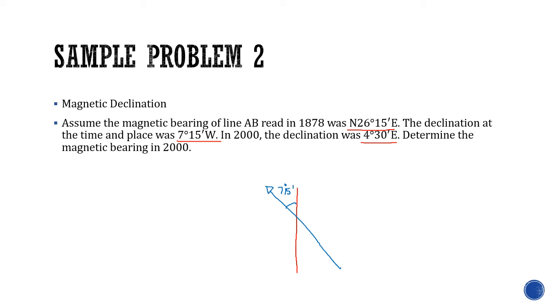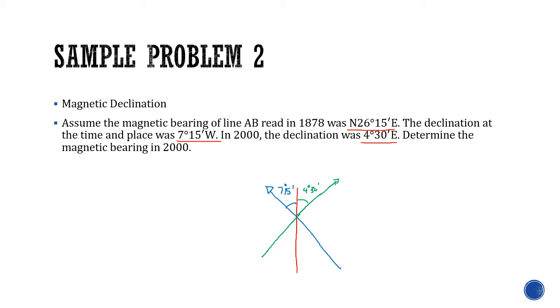This is the magnetic meridian in 1878. Now, class, our magnetic bearing is now 4 degrees 30 minutes.